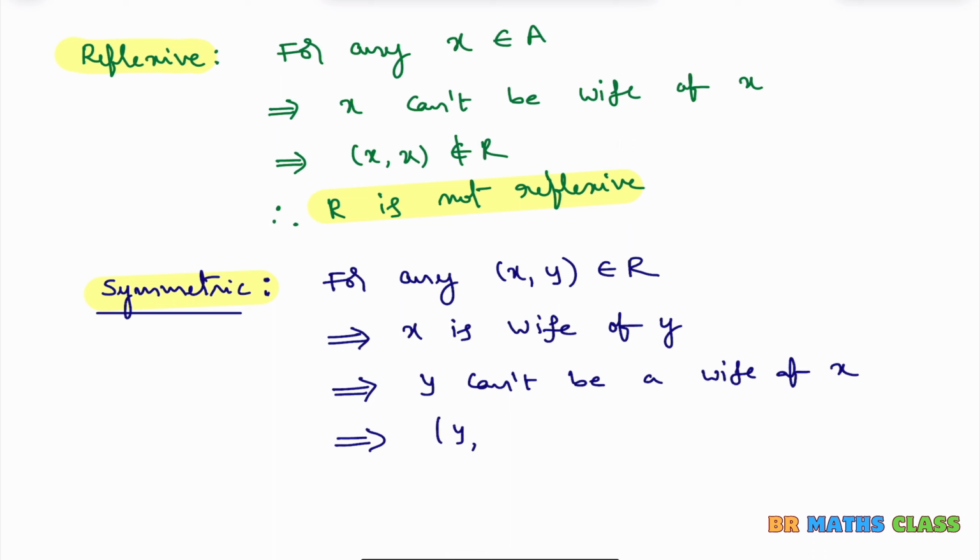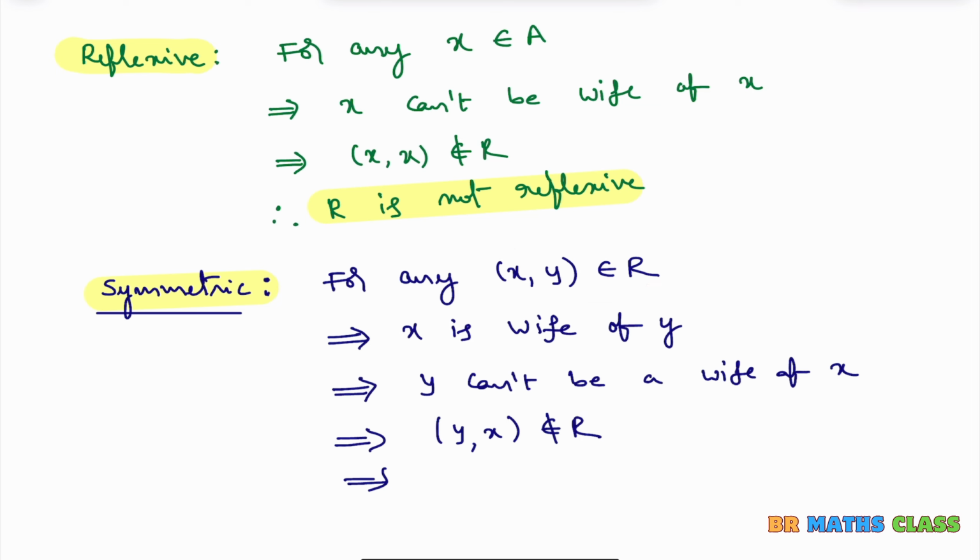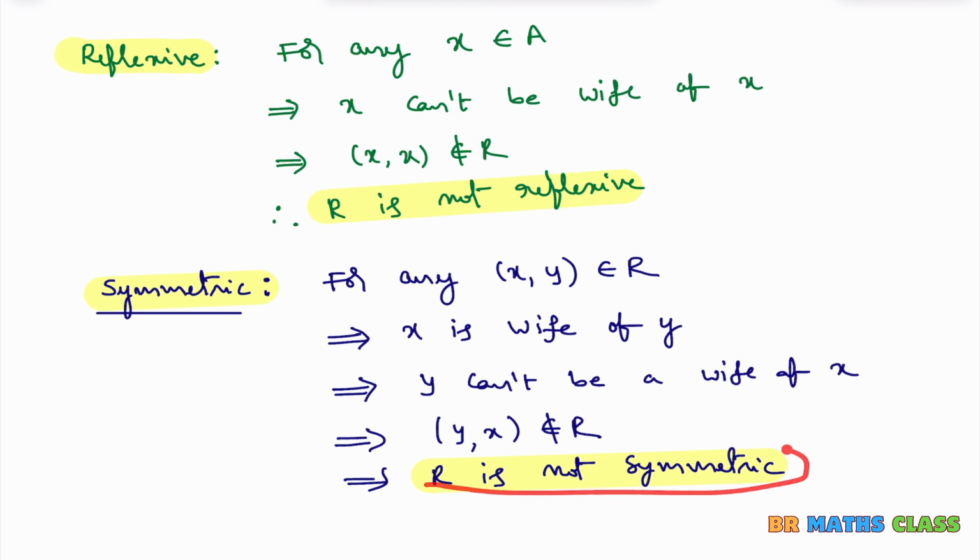I can say that the order pair y comma x does not belong to the relation. Therefore, for an order pair x comma y in the relation, y comma x does not belong to the relation. Therefore, I can write that the relation R is not symmetric. This relation is not reflexive. This relation is not symmetric also.